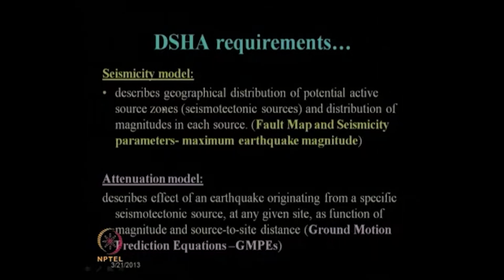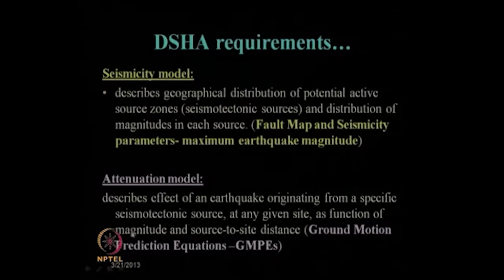Whereas, for the attenuation model, as I have already mentioned, there can be several attenuation relationships. The attenuation relation model describes the effect of an earthquake originating from a specific seismotectonic source at any given site as a function of the magnitude and source to site distance.